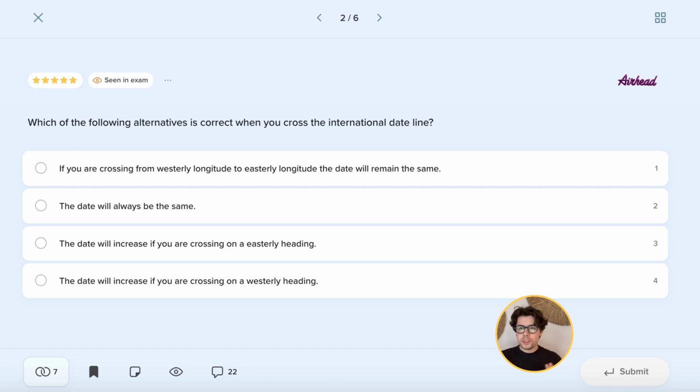The last time zone that you have is called the international dateline, and the international dateline essentially is the point at which we have a new day and an old day. The international dateline follows the exact same principles as all the time zones, meaning if we begin in Europe at the Greenwich Meridian, if we go to the left or to the western side, then the time decreases, and if we go to the eastern side, then the time increases.